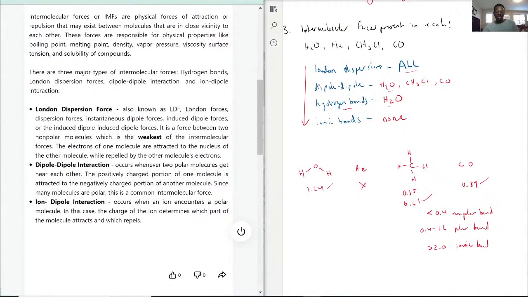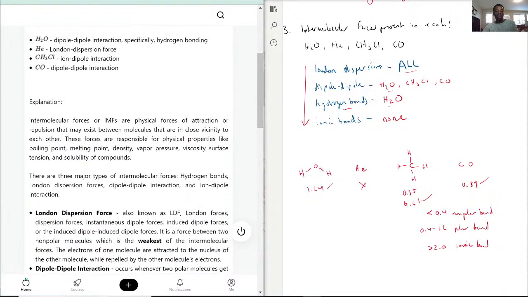So let me see here, it occurs when an ion encounters a polar molecule. I do not see that we're going to be dealing with an ion-dipole interaction in this case, because we don't have any metals.